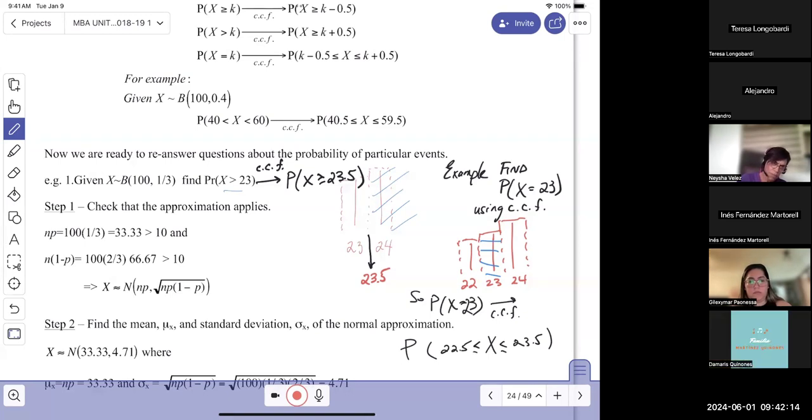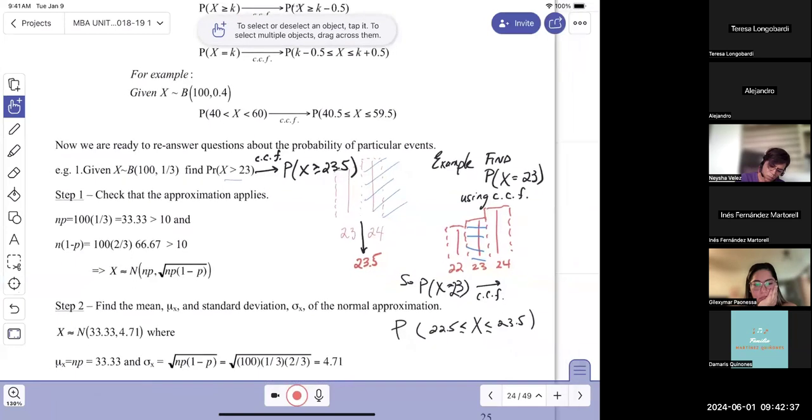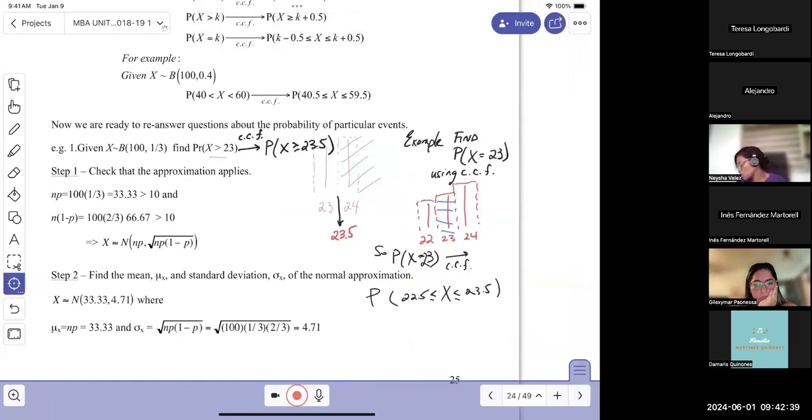It doesn't matter though if I'm in the normal. The equals or not equals or less than symbols matter for the binomial, but not so much for the normal. But I wrote it like that here, so I'm going to stick with it. So then you standardize and solve this as you would the normal.